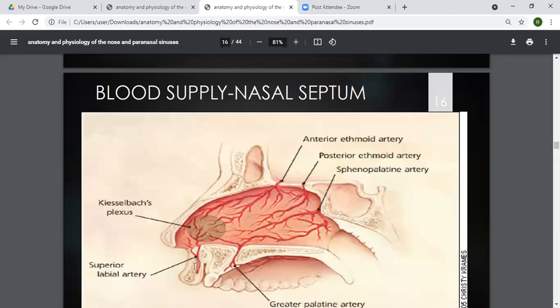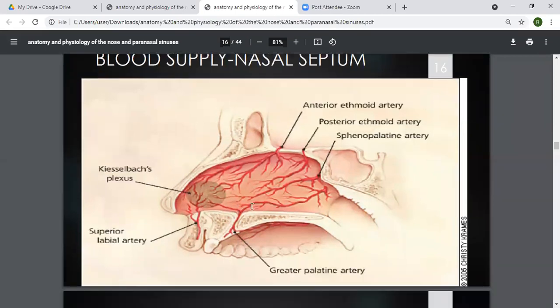Inferiorly, we have the superior labial artery and the greater palatine artery. You find that the arterial blood supply anastomoses at a place we call Little's area. It's the commonest place for nose bleeding in the nasal cavity. The plexus formed is called Kiesselbach's plexus.